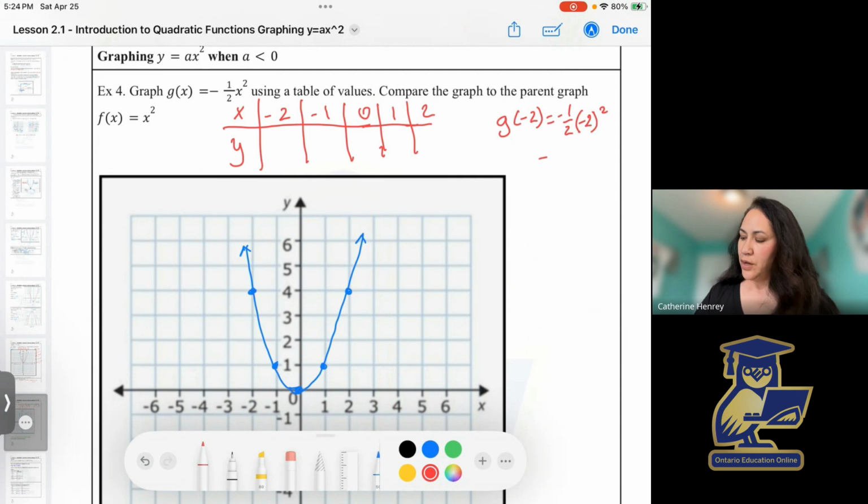So -1/2 times 4, which is -2. Let's find g at -1, which equals -1/2 times (-1) squared, which equals -1/2.